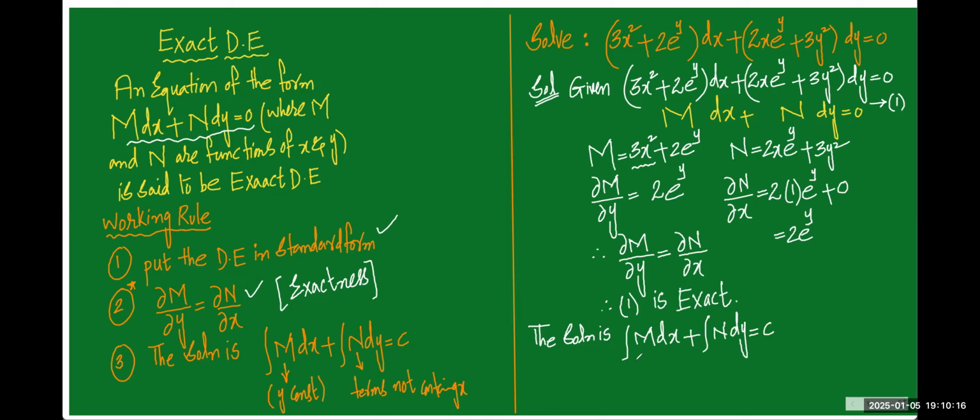The solution is the integral of M dx plus the integral of N dy equals a constant. Now the integral of the value of M is what here? This step I'll take to the next page because we don't have sufficient space here. Integration of M dx plus integration of N dy is equal to a constant.